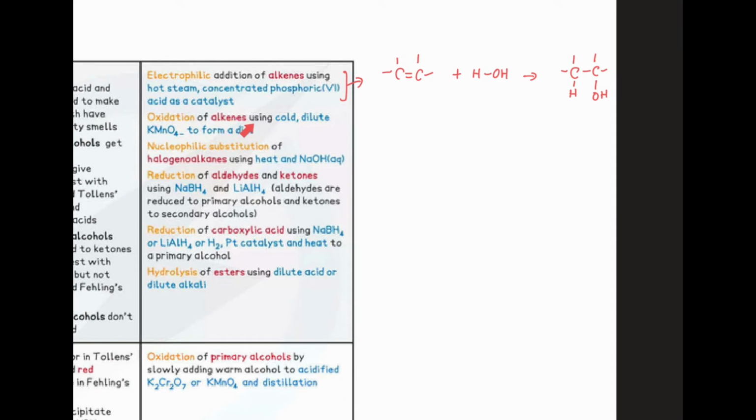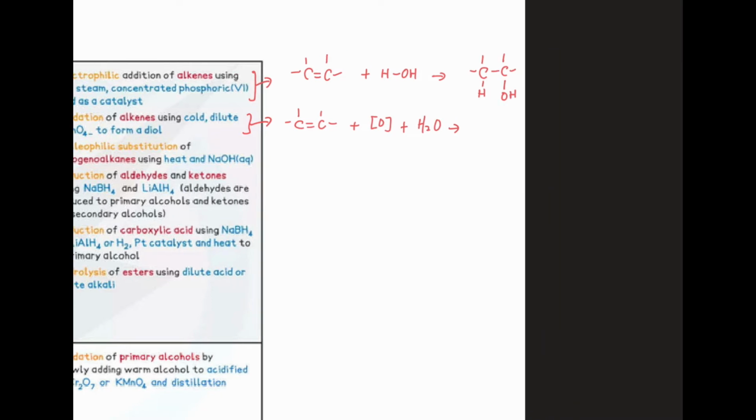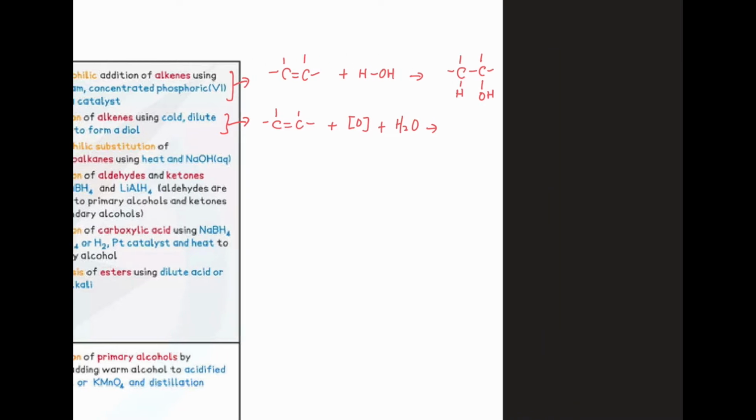And the next one, oxidation of alkenes using cold dilute KMnO4 to form a diol. This one is like this: a C=C double bond, we have an oxidizing agent plus H2O, then they will form a diol.